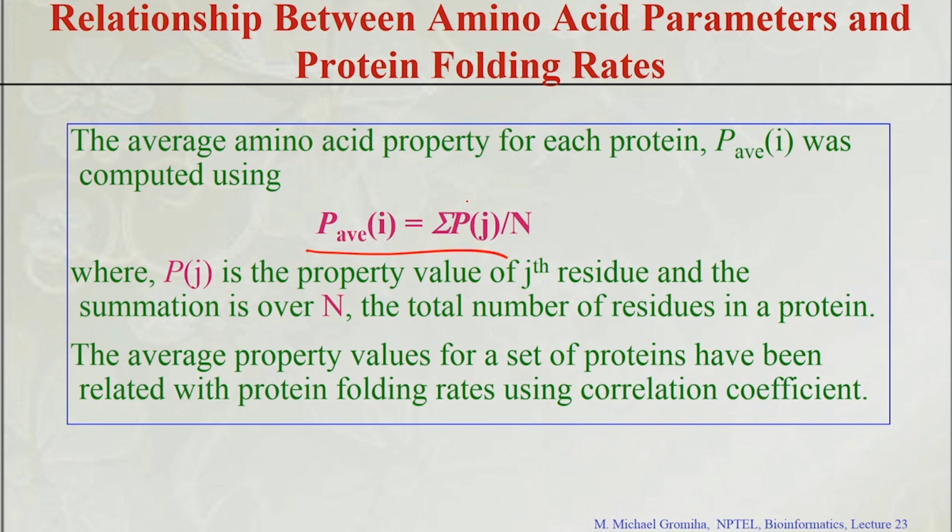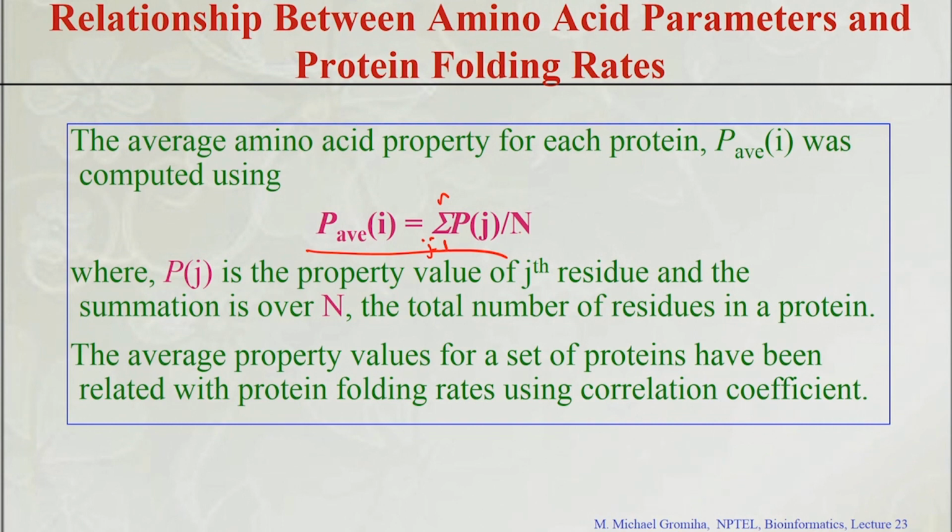So, let us see whether any specific property can relate to the folding rate. In this case, first we calculate the average value. For example, if we take the hydrophobicity, how do we calculate the average hydrophobicity? We take the hydrophobicity values of all the residues, j equal to 1 to n, where n is the number of residues in a protein.